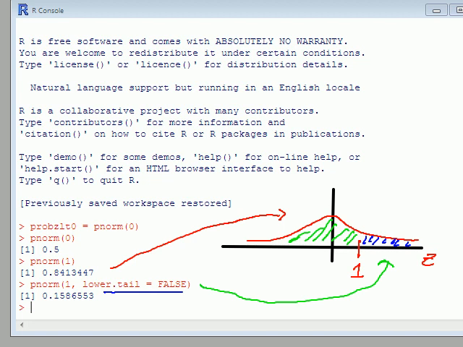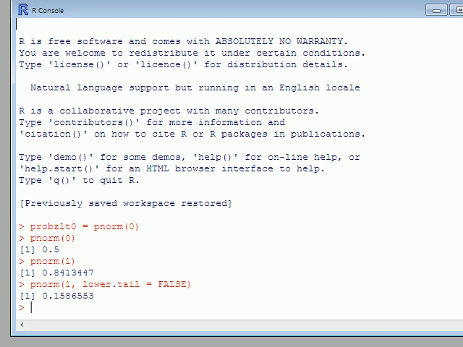So for example, let me get the cursor back here. I think I'm back. There we go. Okay, pnorm. And let's say for that blood pressure, we want to find, well, it'd be equivalent to this. Let's say, what's the probability that blood pressure is less than 130 when the mean is 120 and the standard deviation is 10?